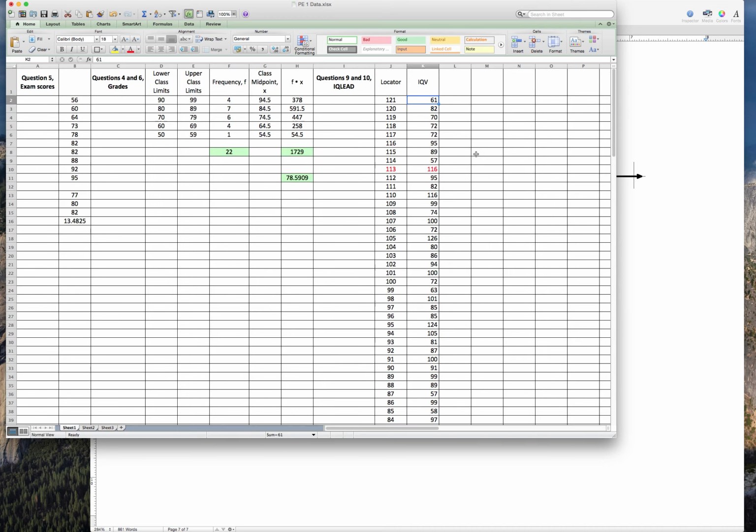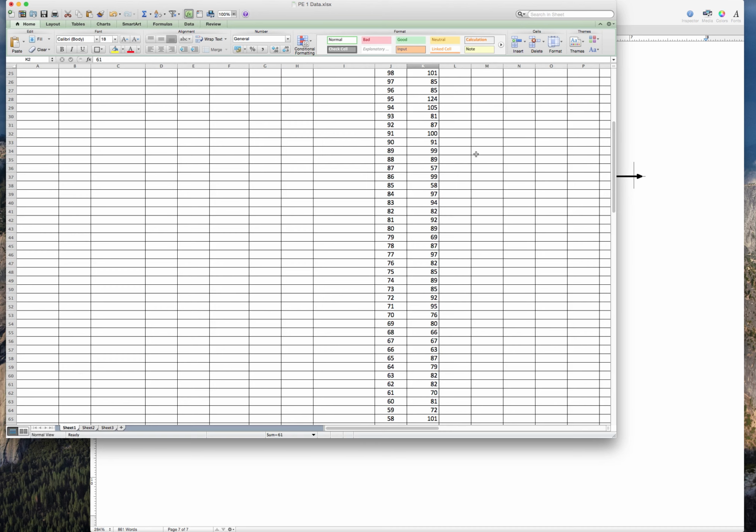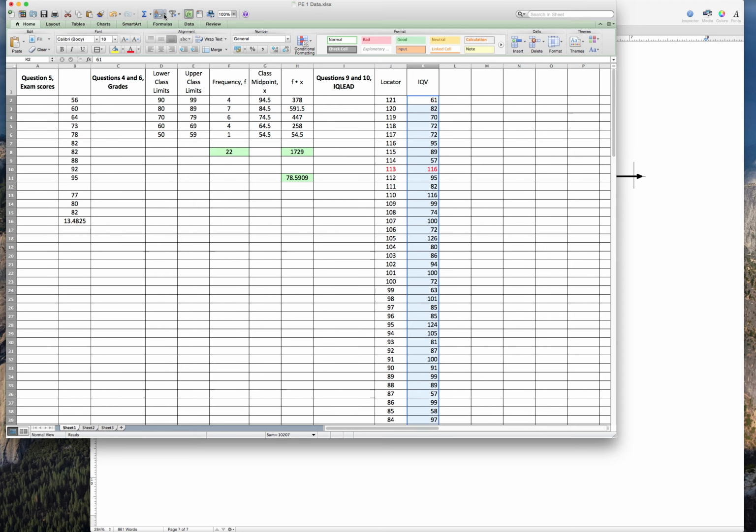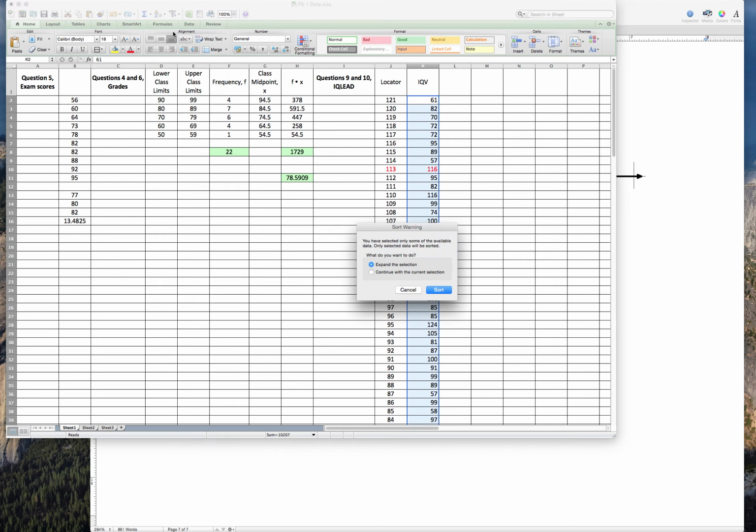Program's kind of jumpy. My mouse is real sensitive. Click the first, and then I hold the Shift key and click the last. Now I'm going to sort those again from descending, or from largest to smallest.